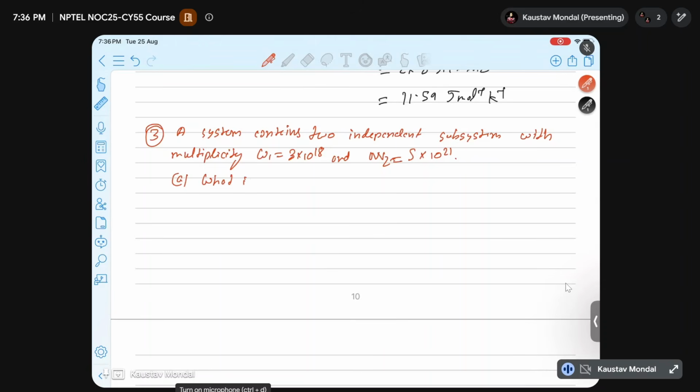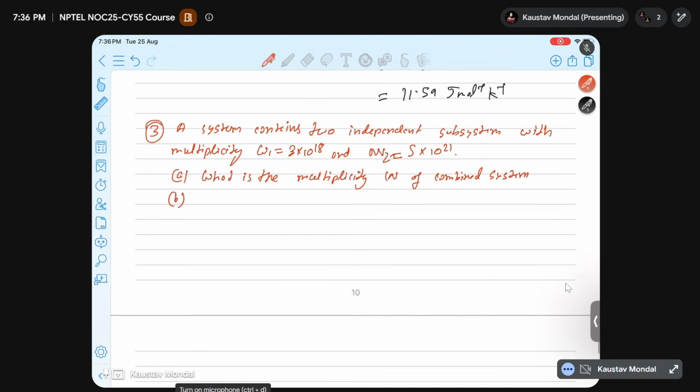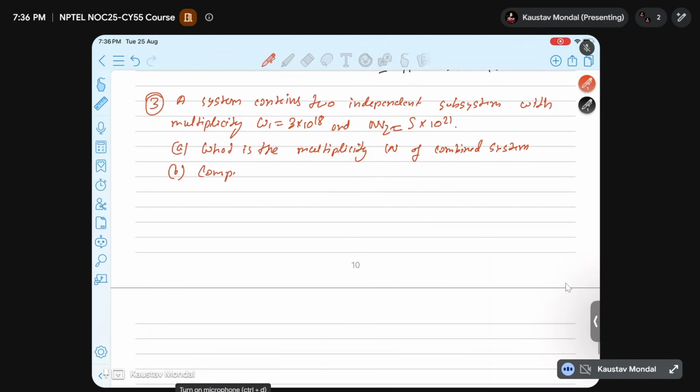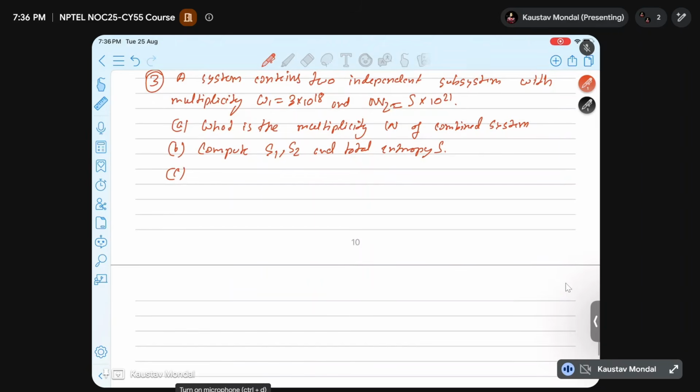What is the multiplicity W of the combined system? Compute S1, S2 and total entropy S. So these are the two things only.